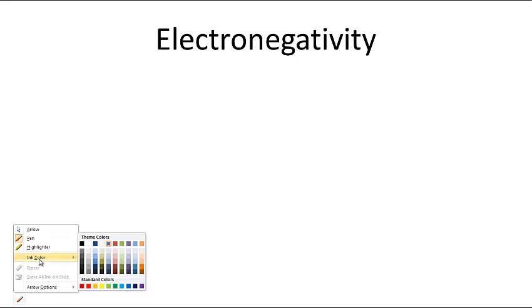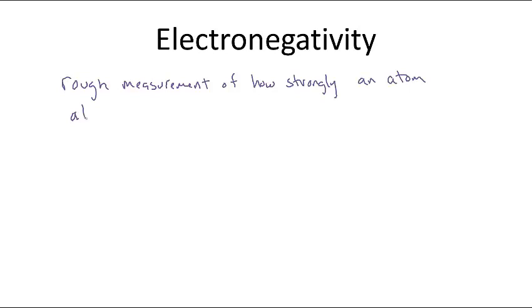Okay, so what is electronegativity? We'll talk about this a bunch when we talk about bonding in molecules later in the year, but electronegativity is a rough measurement of how strongly an atom attracts electrons in a chemical bond.